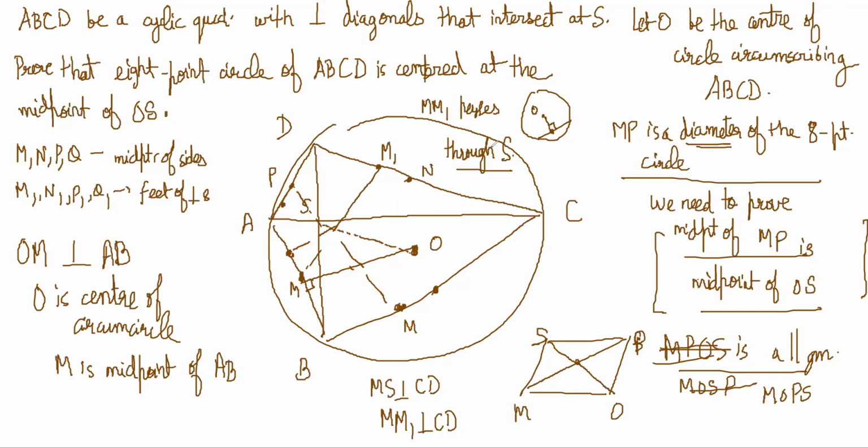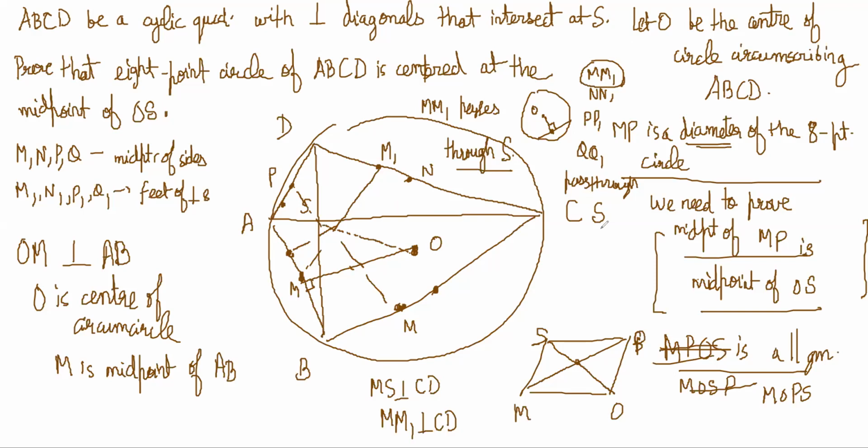Mansi? Yes, sir. So MM1, NN1, PP1, QQ1 are each passing through S, because by definition MM1 is perpendicular to the opposite side, right? Yes.